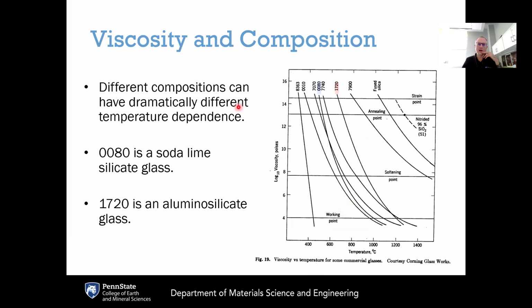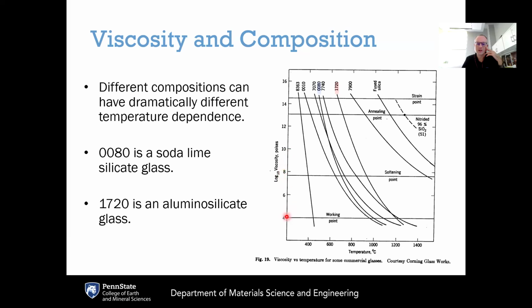This shows viscosity versus temperature for a number of industrial glass compositions from Corning. And what we can see is that different glass compositions can have dramatically different temperature dependencies of viscosity. So the plot here shows the base 10 logarithm of viscosity in poise.